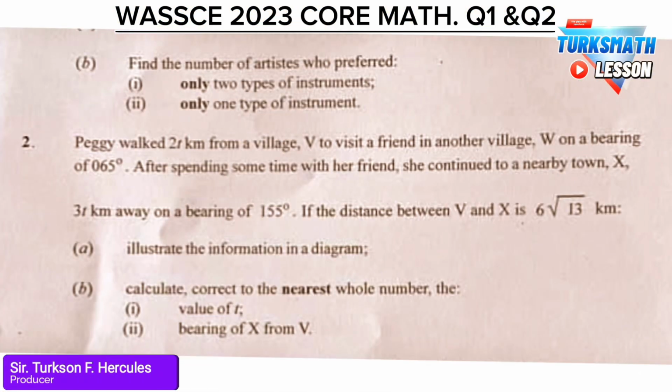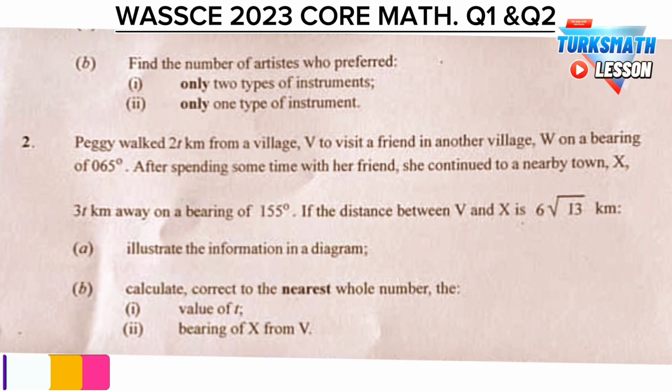Let's look at question number 2. Peggy walked 2 kilometers from a village V to visit a friend in another village W on a bearing of 065 degrees. After spending some time with her friend, she continued to a nearby town X 3 kilometers away on a bearing of 155 degrees.